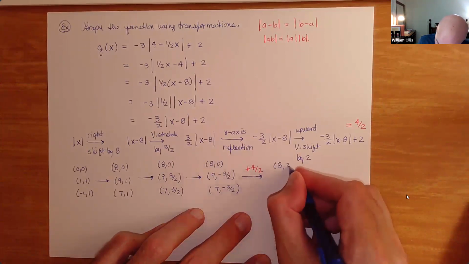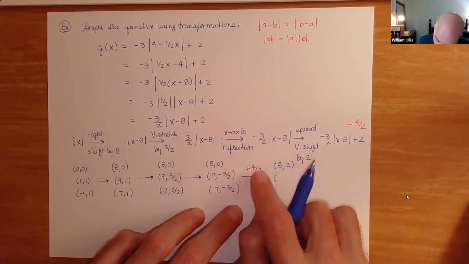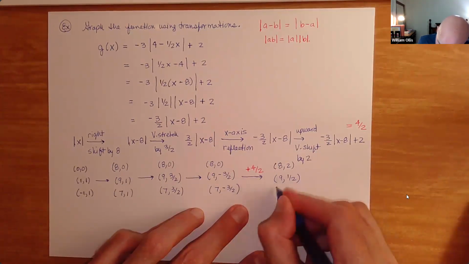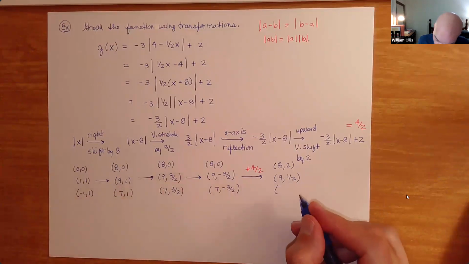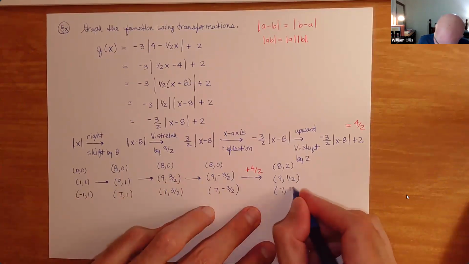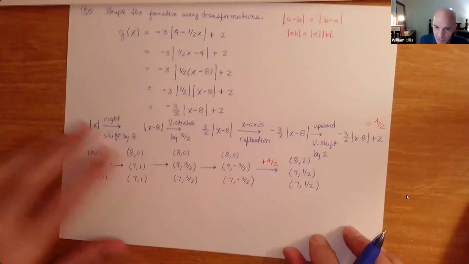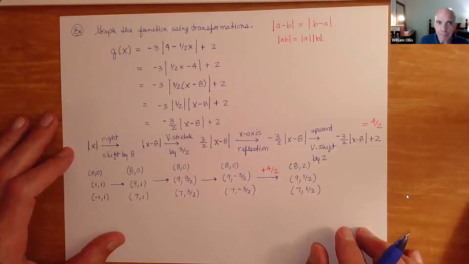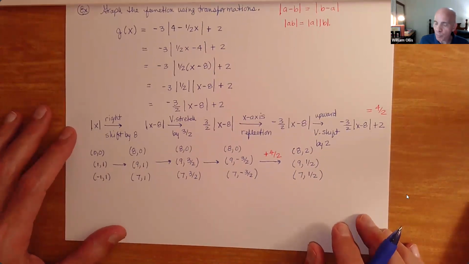So we have a 2. And then we have 4 plus a negative 3, that's a 1/2. And then we have a 4 plus a negative 3, that's a 1/2. Okay, so this is really simple when we think about doing it this way. This is a really, really remarkable technique.